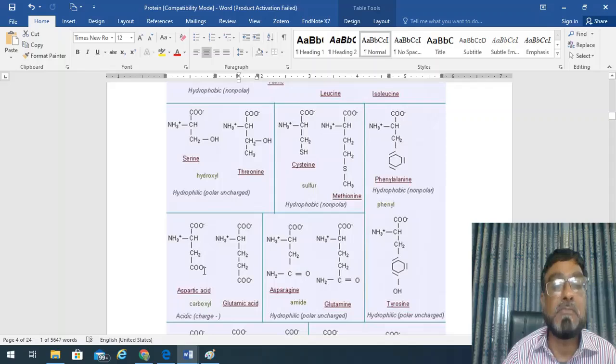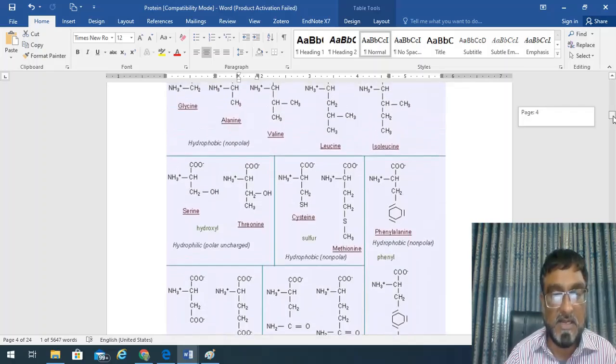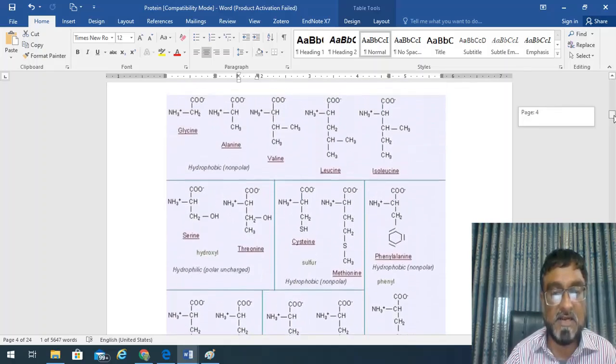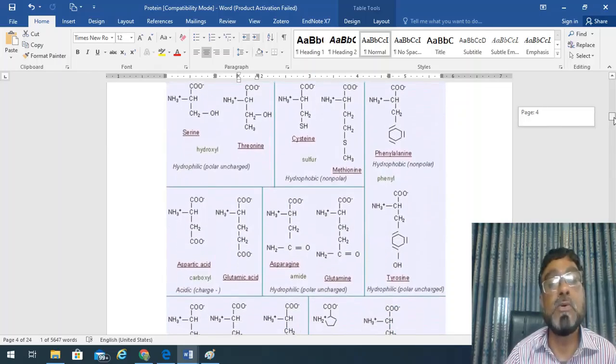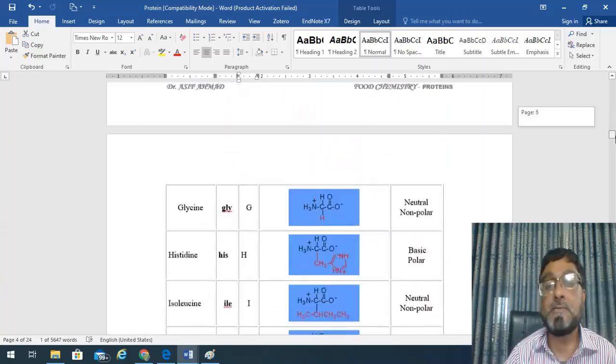Comparing the polarity, COO is imparting a more polar nature as compared to OH. This is an alcohol group, this is an acid group. So the acid group has more polarity as compared to the alcohol group. Both have polar ends, but aspartic acid will have more polarity as compared to serine or threonine.